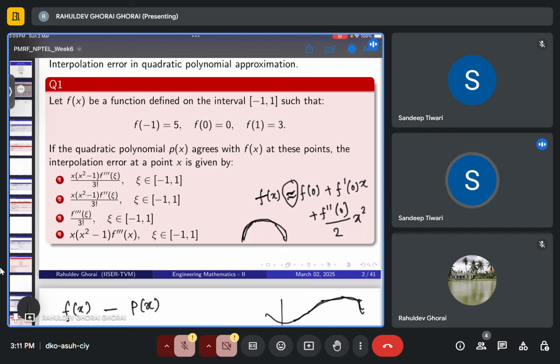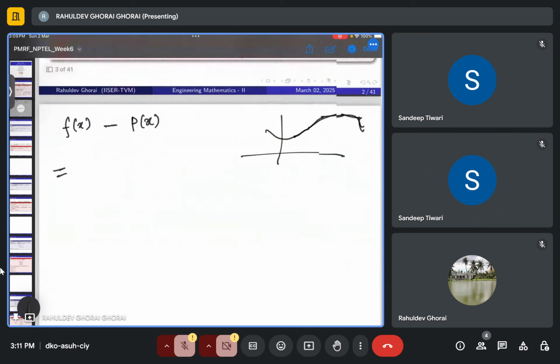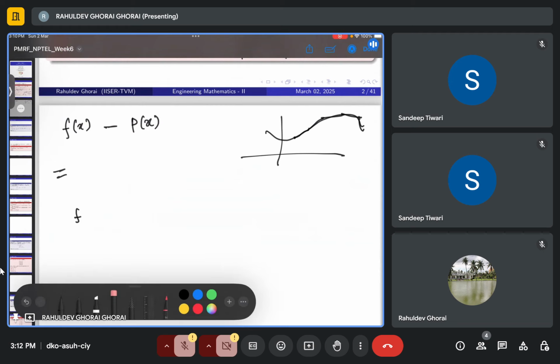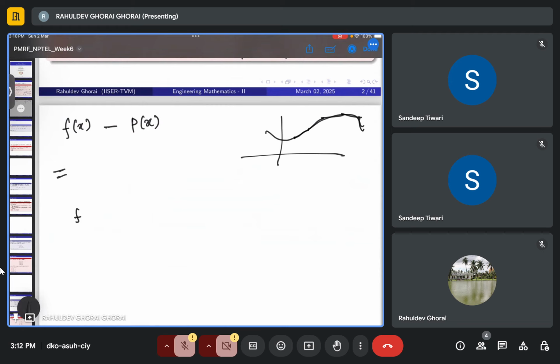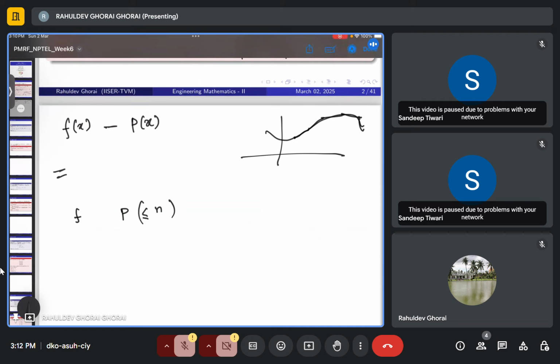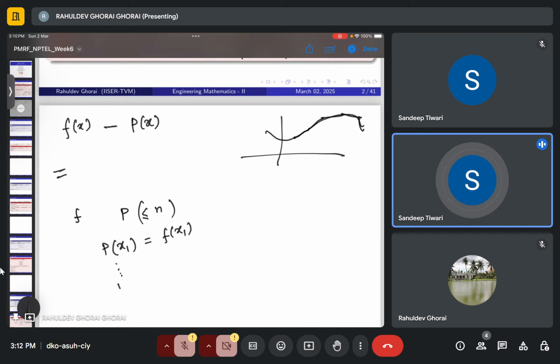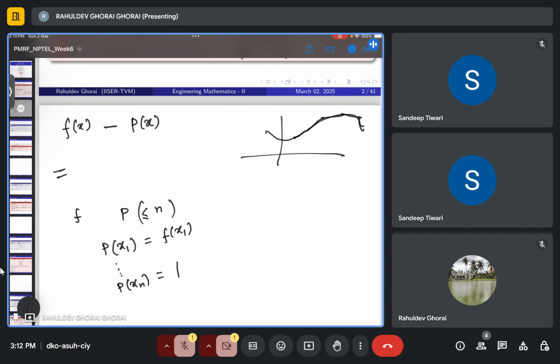Okay. What we do in polynomial interpolation is this: let f be a continuous and differentiable function, all those things you assume, and p a polynomial of degree less than or equal to n, such that p(x_i) equals f(x_i) at n points where the function value is known.